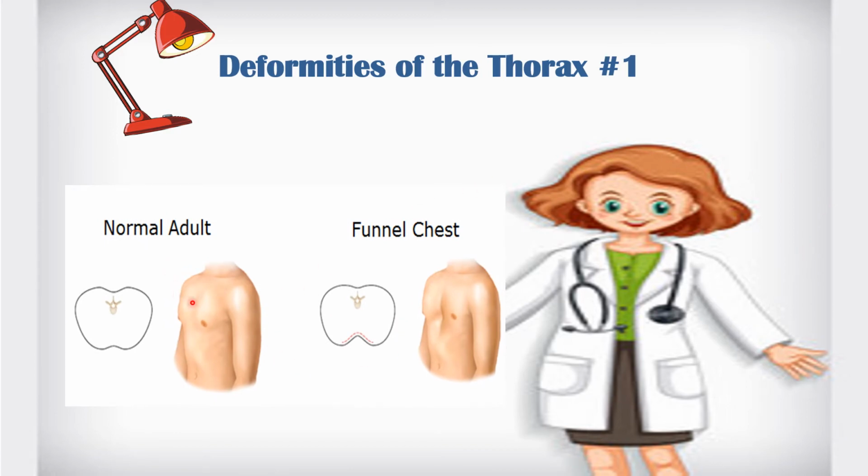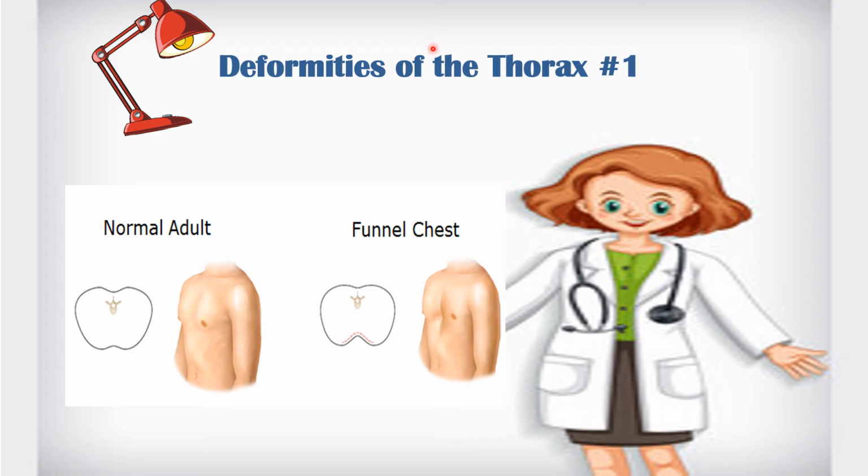We have here the normal adult, the shape and configuration of the chest. And then we have another image here, the funnel chest, or what we call pectus excavatum. The thorax in the normal adult is usually wider than it is deep, so its lateral diameter is larger than its anteroposterior diameter.